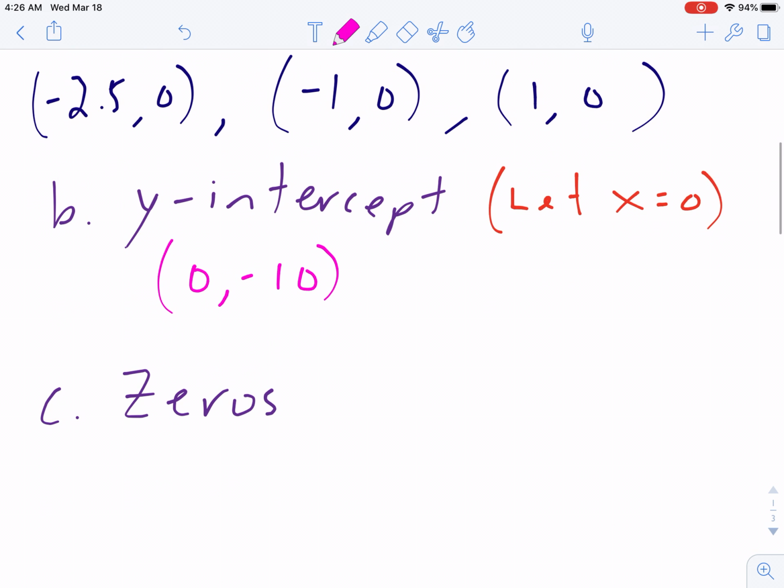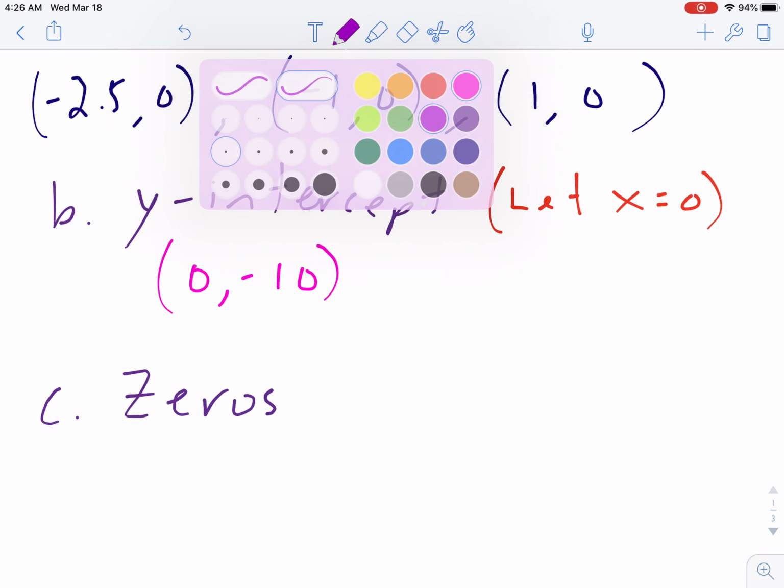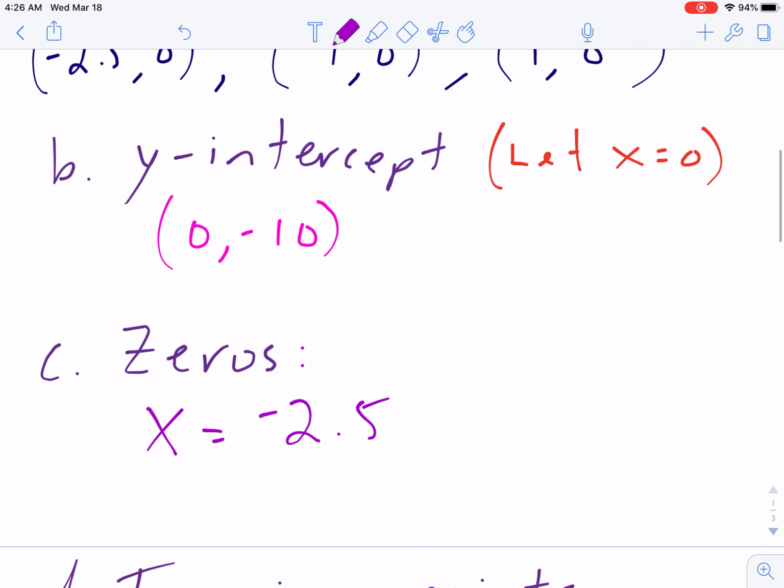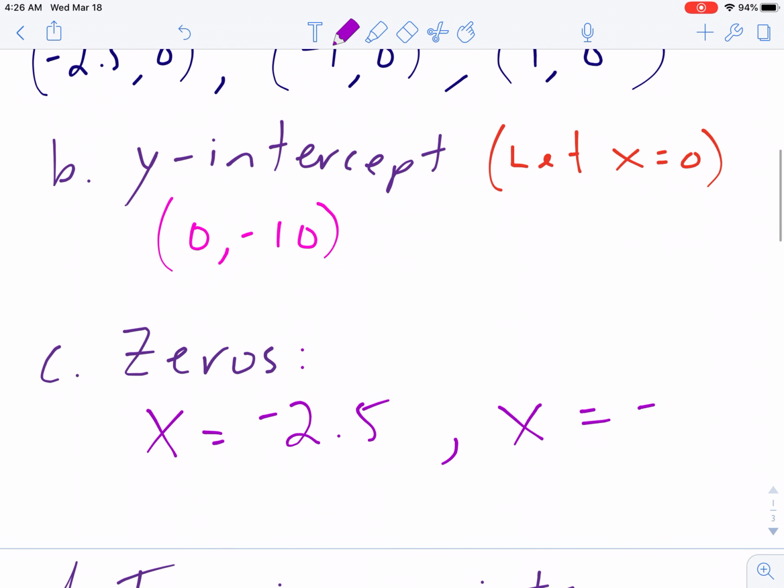Well, part C, we've actually done that already. Part C is just a different way of writing the answers from part A. The zeros are written in this fashion. X equals negative 2.5. X equals negative 1. And x equals positive 1.